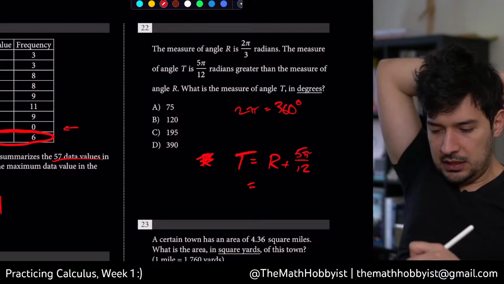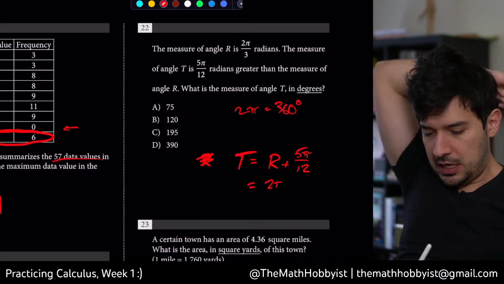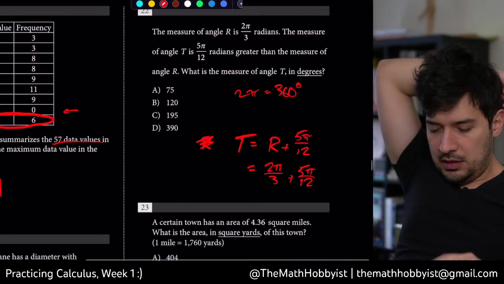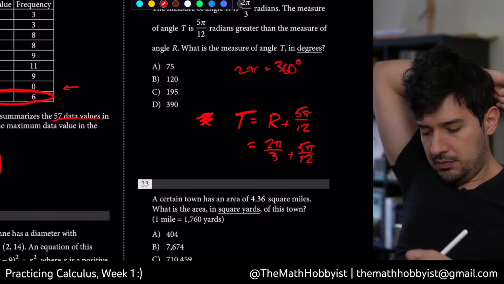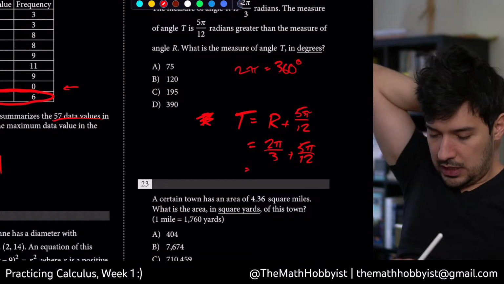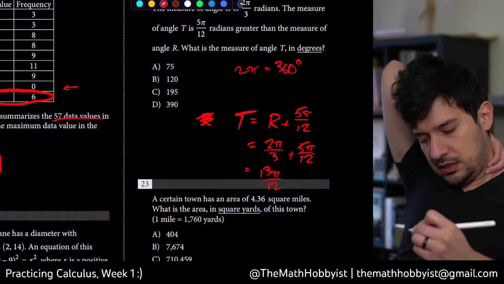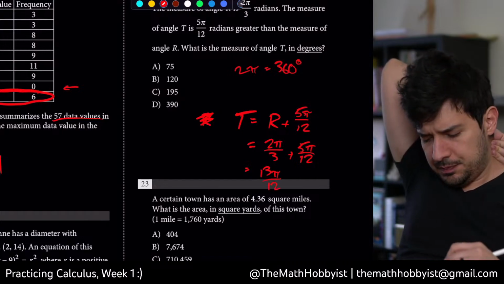So then t is 2 pi over 3 plus 5 pi over 12, and then 8 plus 5, 13 pi over 12, I think, is t.